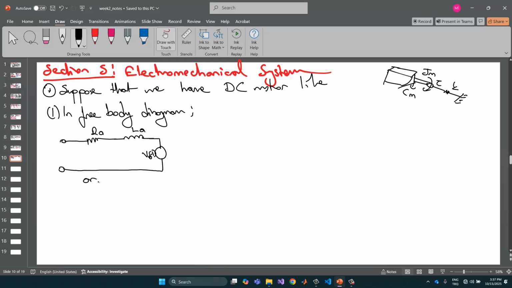This is called armature, right? Anyone remember that? This is the e_a(t). This is the applied voltage. And so, due to the back EMF voltage, this DC motor converts the electrical energy to the mechanical one. It rotates. Okay?